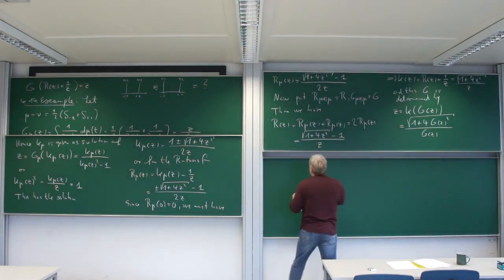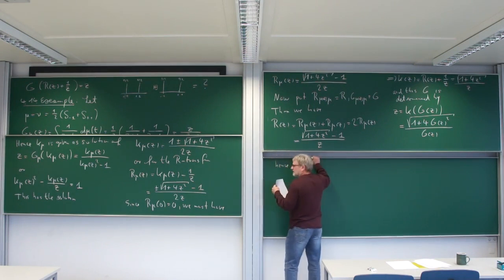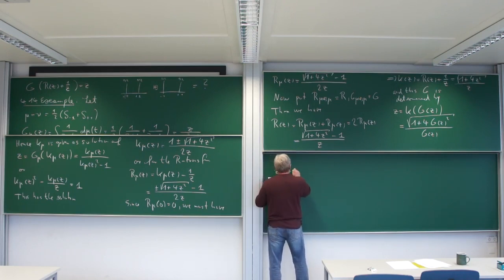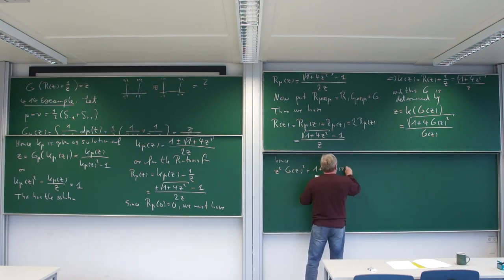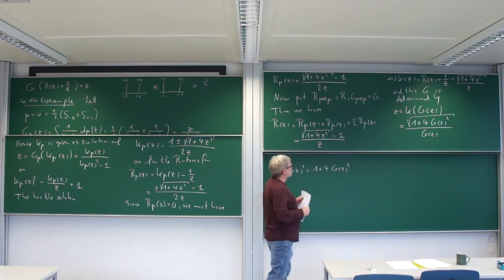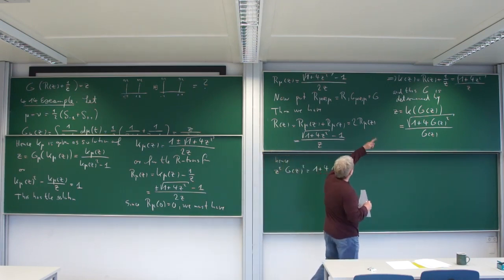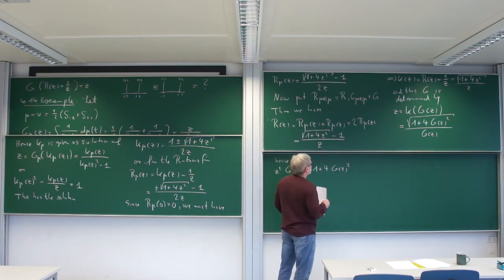So this tells me that z squared times g of z squared is equal to 1 plus 4 g of z squared. I just square the equation and bring the g of z to the other side. Of course, I bring it to the other side and then I square the equation.